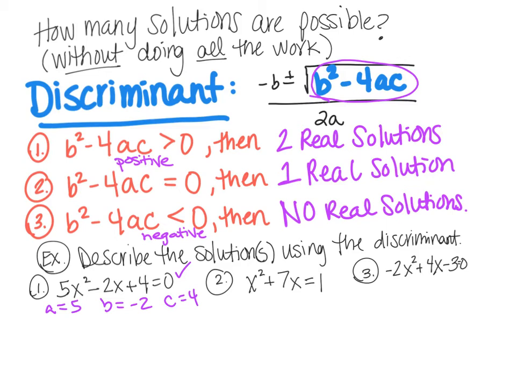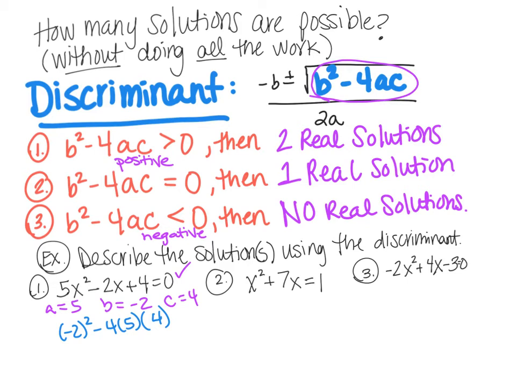To find that, I'm going to do B squared minus 4 times A times C. Remember that when we are doing this, we want to square the B term. So that -2 actually is going to go in parentheses, because what I want to say is -2 times -2. Be careful if you're just using your calculator, that it's giving you a positive number when you square it.